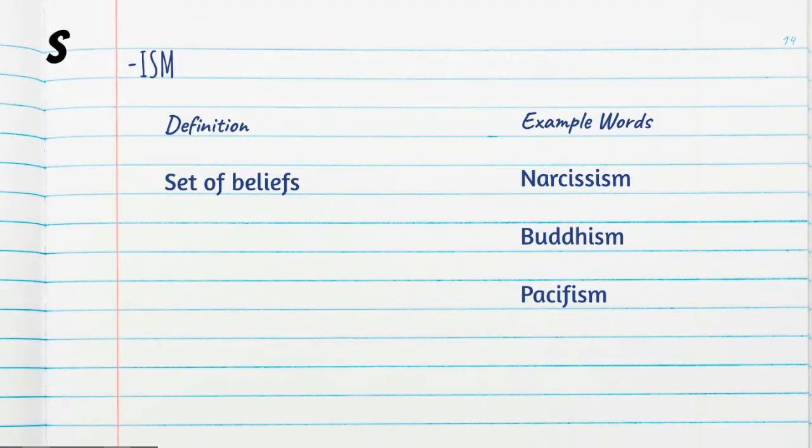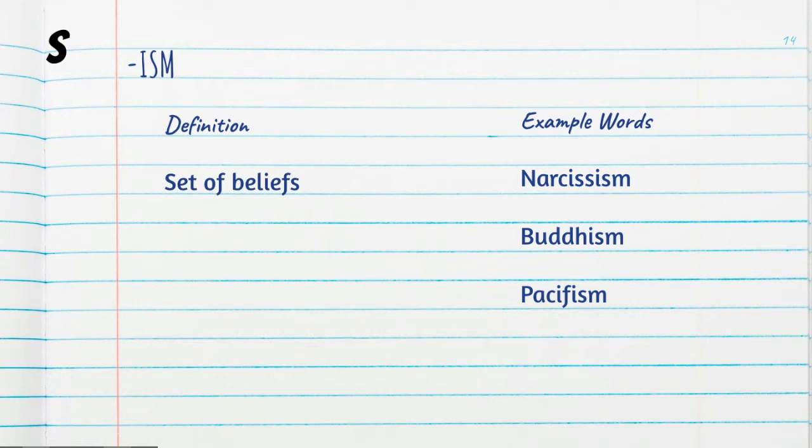Next, we have a suffix, which is ism. An ism is a set of beliefs. We have things like narcissism. That's where you believe that you are the best and you are sort of full of yourself, and you just believe that you're the greatest thing that there is, basically.